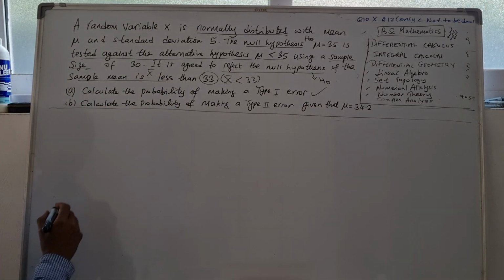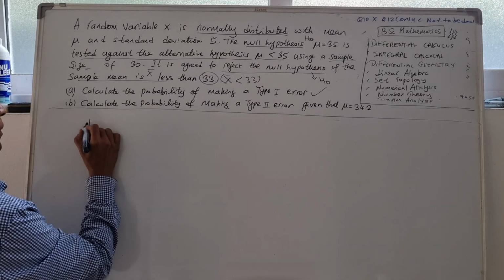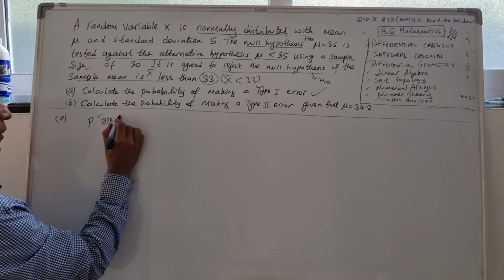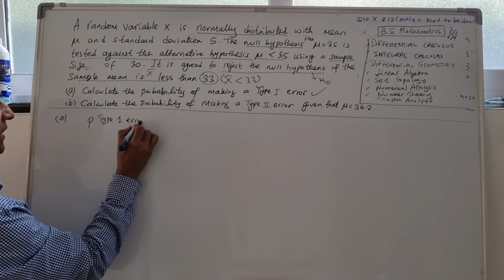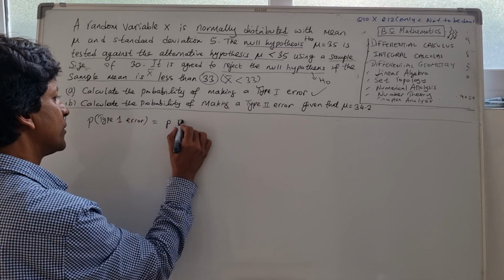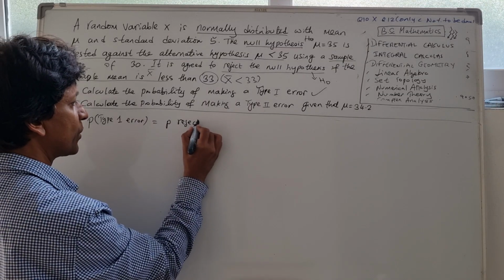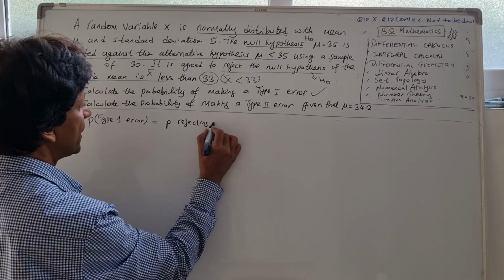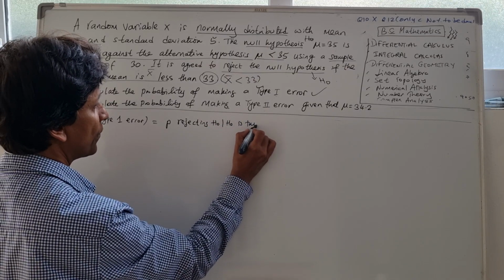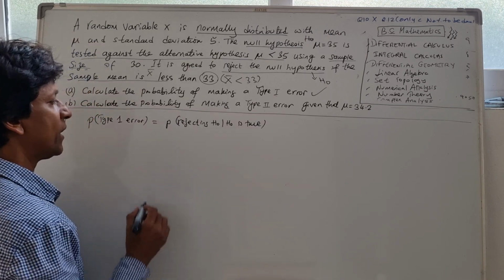So to do this, first of all, the probability of a type 1 error. What does it mean? It means the probability of rejecting H0, given that H0 is true.